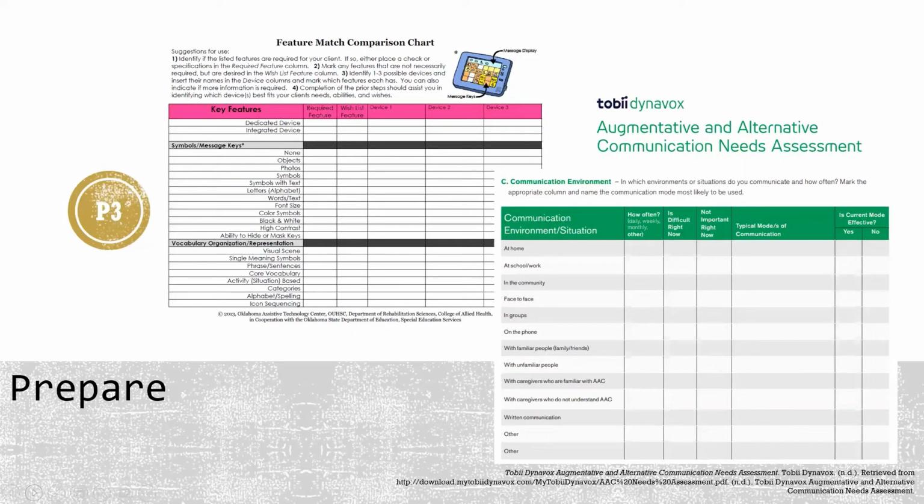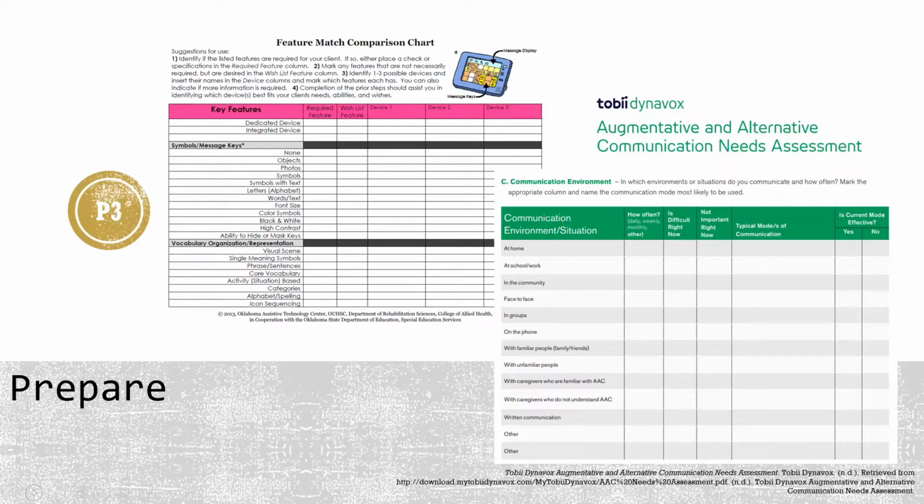We never want to be trialing just one system because we know that rep and they're great to work with and they give us the device and it's at our fingertips. No, it's not about that. It's about what does that client need and what features are going to help them to communicate across environments.